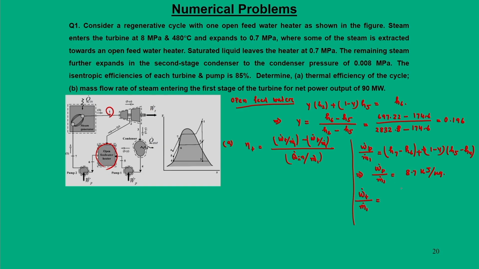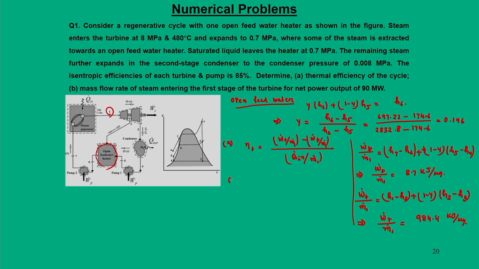For the turbine, the work output per unit mass flow rate of steam is H1 minus H2 plus (1 minus y) times H2 minus H3. So, W dot T by m1 dot is 984.4 kilojoule per kg.